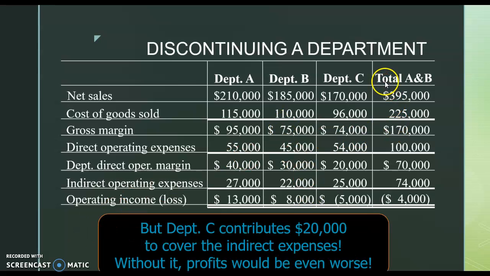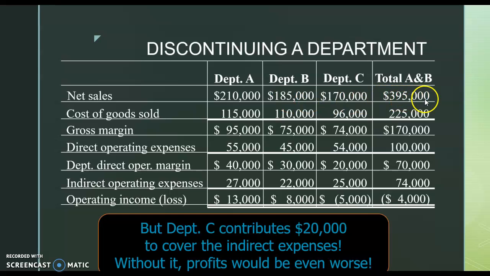So what we're going to do is make a new total column, and that total column is going to be just A and B. So we're going to try to get rid of Department C on paper and see what it does before we start doing anything rash. Okay, so now I'm just going to add up A and B. Here's the sales for A is 210 and for B is 185.